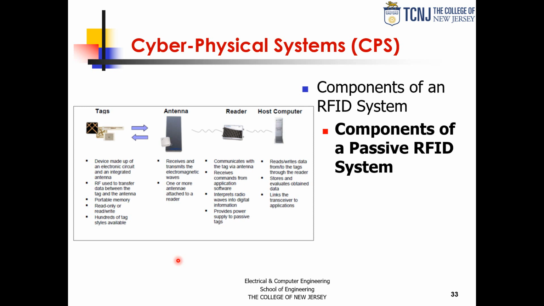You have different antennas. That's a key part to match the range of your application. Then you have the reader, which goes through the standard protocol of sending energy for the energy harvesting, and then managing the tag, either telling it to store information or give information or both. And then the reader passes that information to some type of host computer, and that host computer does whatever it wants with it, depending on the application.